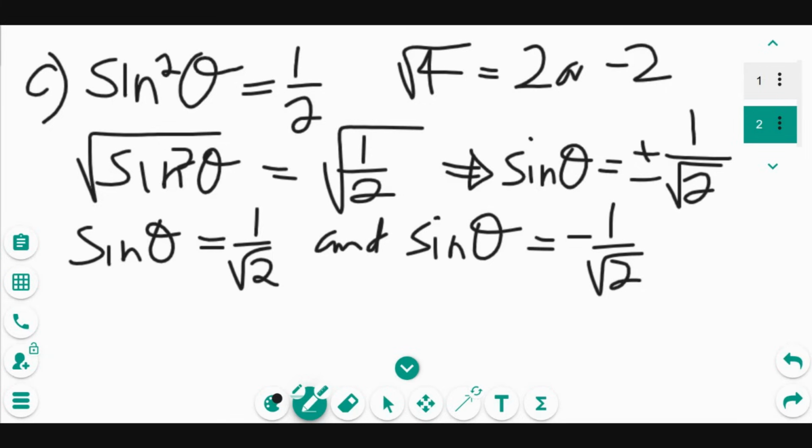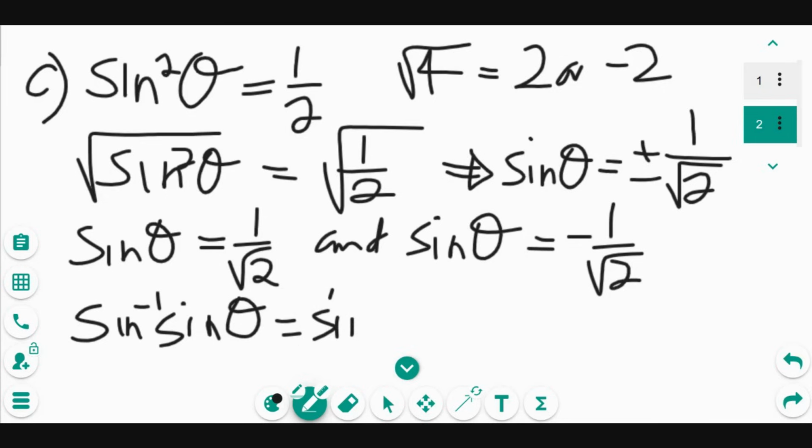Okay, so now at this point I am ready to take the sine inverse on both sides. I am taking the sine inverse of the sine theta, the same as taking the sine inverse of 1 over root 2.